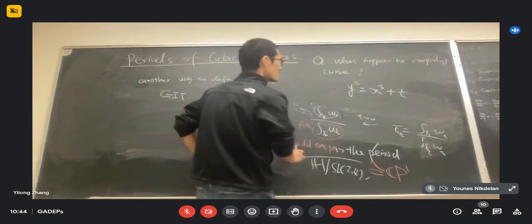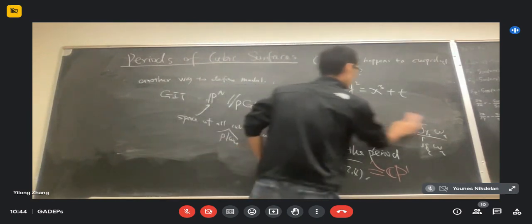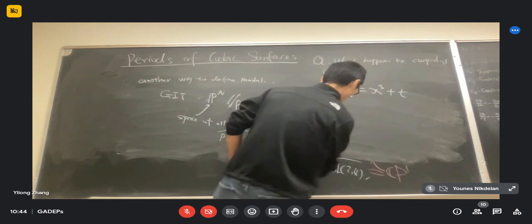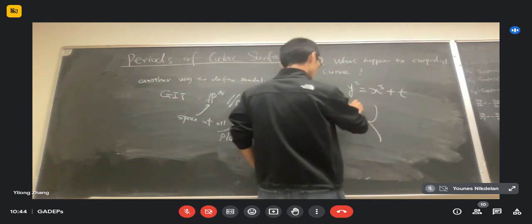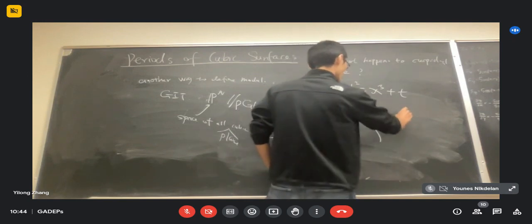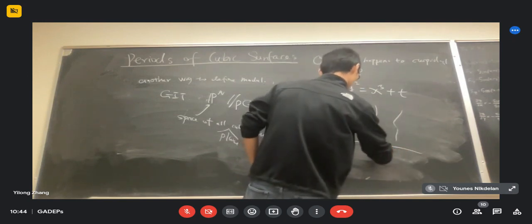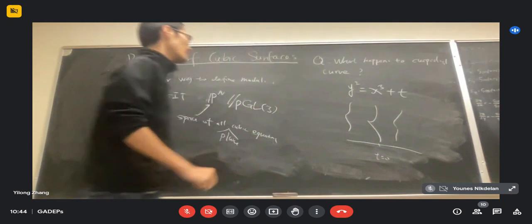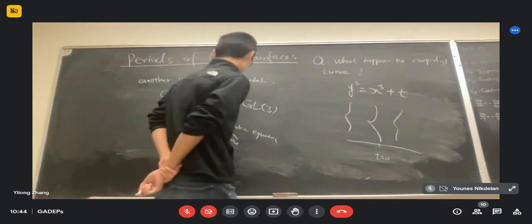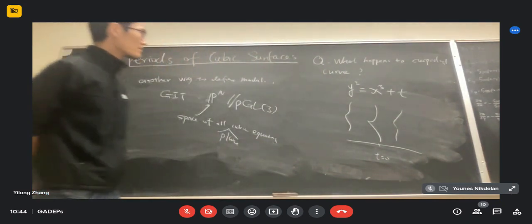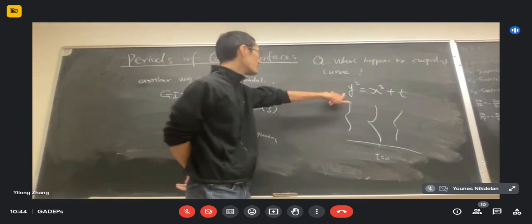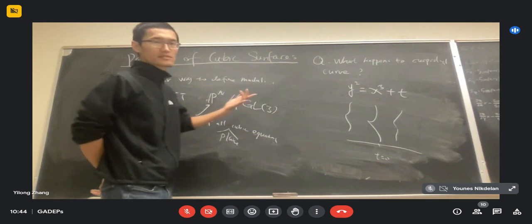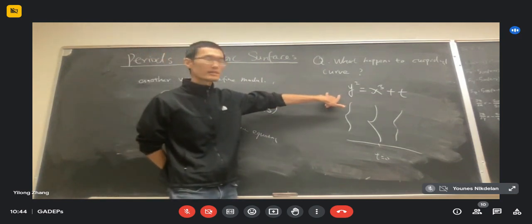So this family is like, when t equals 0, you have the cuspidal curve, and when t is non-zero, you have a smooth curve. So this is t equals 0. There are two ways to understand it. You can still talk about the periods of this family, right?